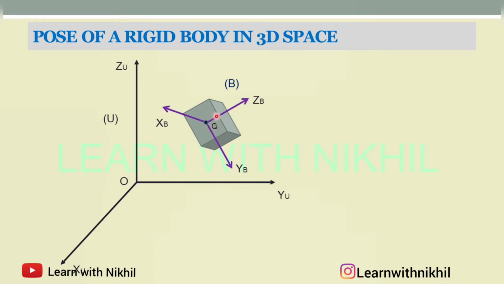Next, to find the orientation of this 3D object, we have to rotate it along the X direction, then along the Y direction, then along the Z direction to reach this point. So we will require 3 positions and 3 orientations or rotations to reach this particular point. So this is 6-dimensional, a total of 6 degrees of freedom.